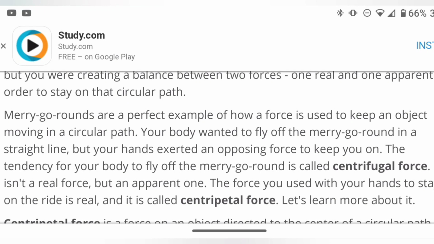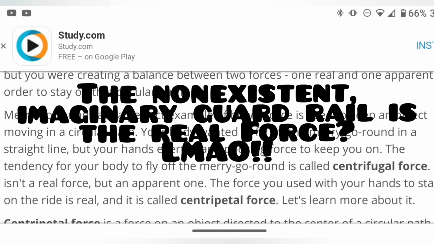And at your funeral they're like, if they could have just added some centripetal force to that turn, he'd still be alive, but there's no guardrails, so there was no centripetal force to stop him from flying off the cliff. So you died from that fake force that isn't real, it actually killed you, and the real one is just a scenario. The centripetal force being the guardrails is just a scenario in your head.